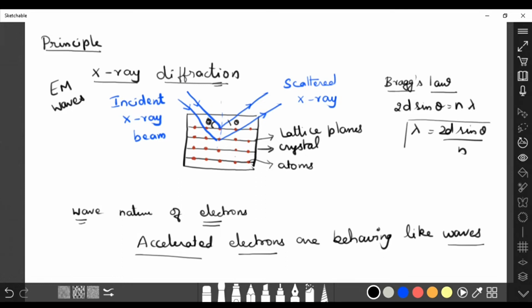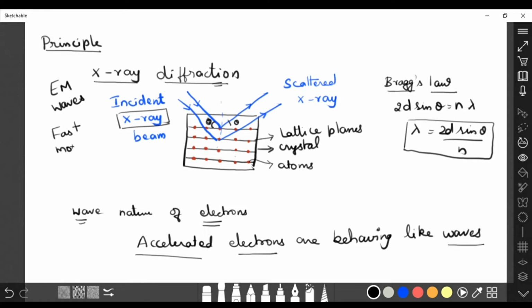In X-ray diffraction, they passed the X-ray and by using Bragg's law, they calculated the wavelength. Now Davisson and Germer also followed the same principle. Instead of X-ray, they used fast moving electrons.